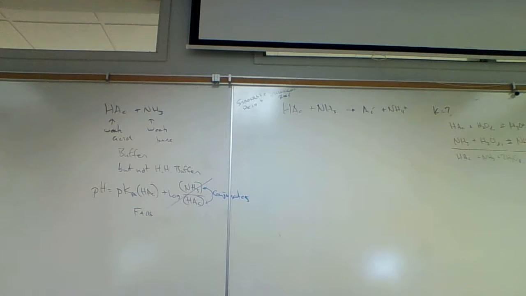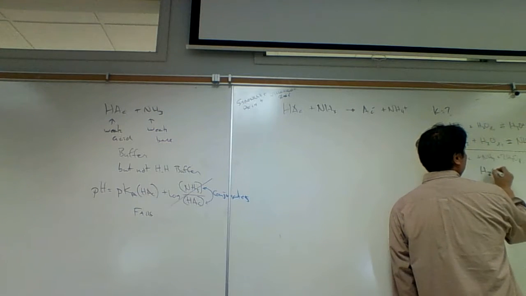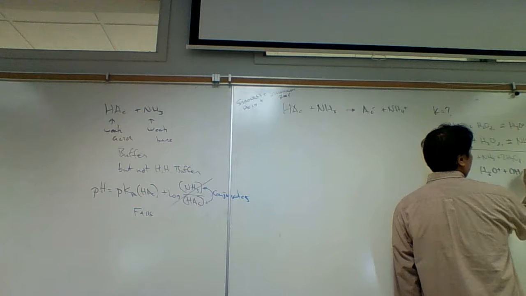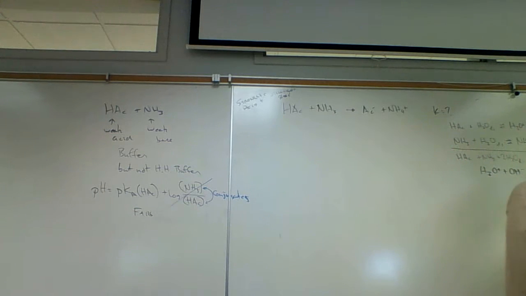So if we think about this, we could add the reverse of Kw. If we do hydronium and hydroxide, this will give us 2 waters, H2O liquid plus H2O liquid. And this is Kw. So I'll just add this equation here. The K for this is just Ka for acetic times Kb for ammonia.